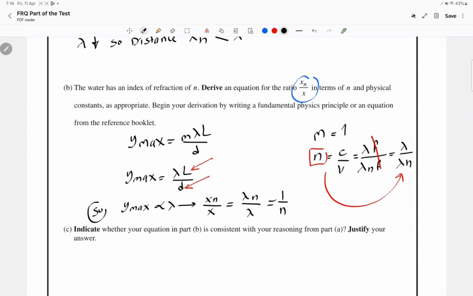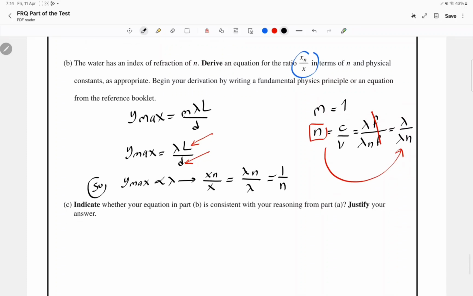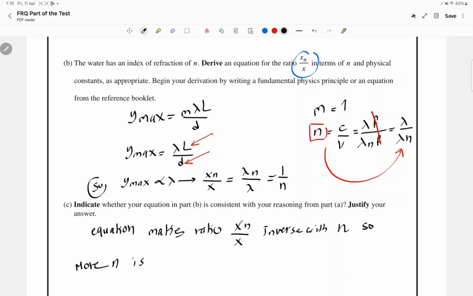Indicate if your equation in part B is consistent with your reasoning in part A. So we're going to say that the equation makes the ratio xn over x inverse with n. So more n is less ratio. So xn over x decreases when n increases.